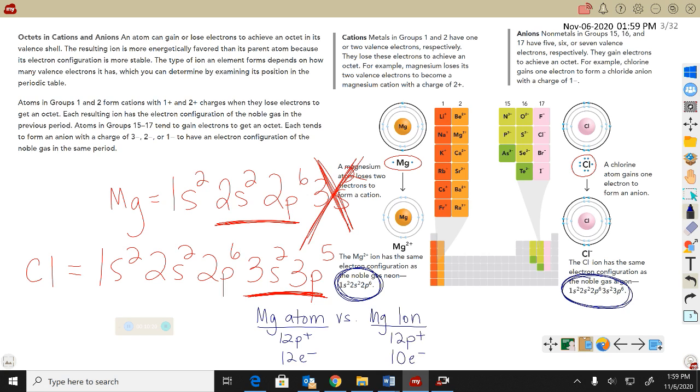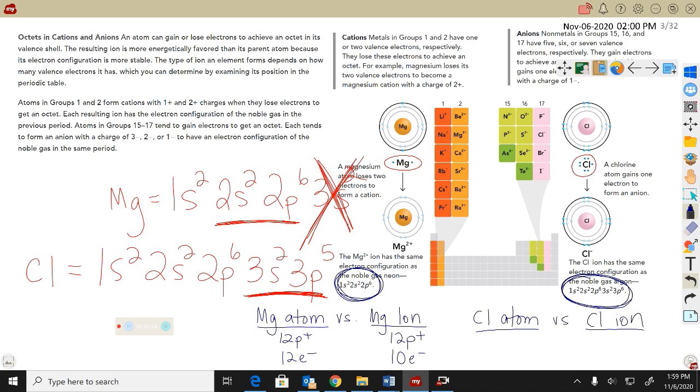That's where the +2 charge comes in. Even when we form an ion, we're not changing the nucleus. So it's not like magnesium somehow morphs into neon. It's just the electron structure that looks like neon. But the core nucleus, the protons that identify the element, that's still number 12, and number 12 is still magnesium. Same thing with chlorine. A chlorine atom versus a chlorine ion.